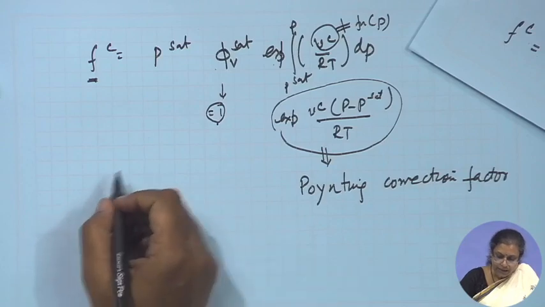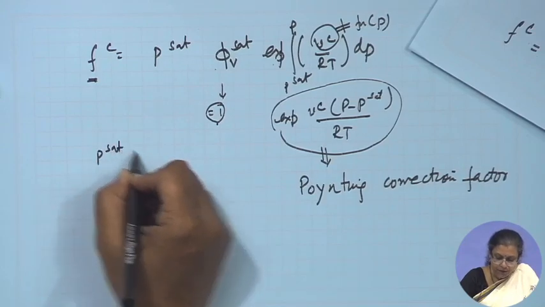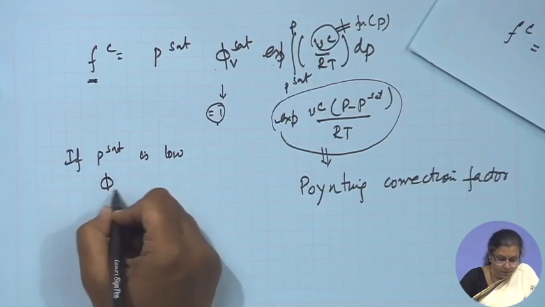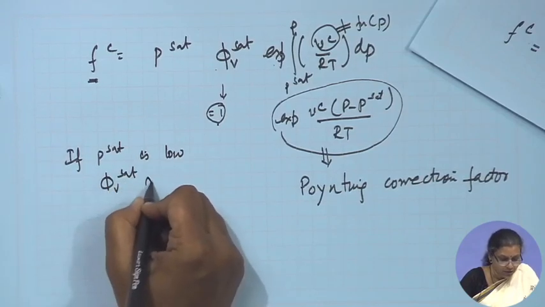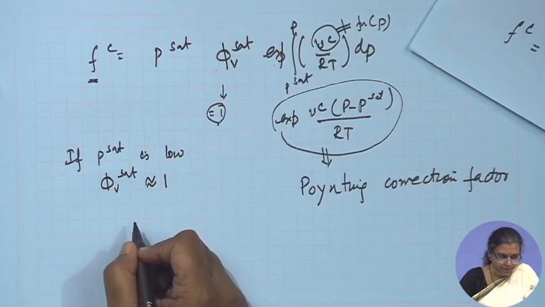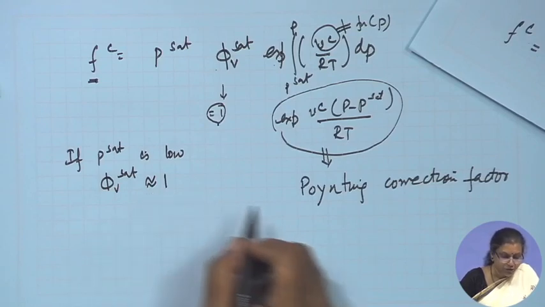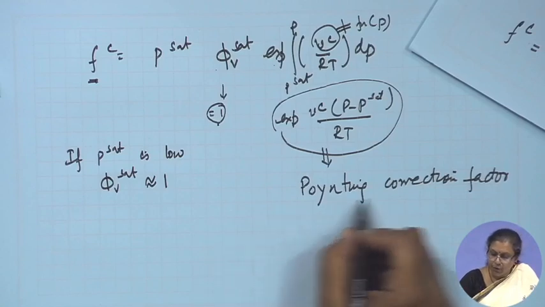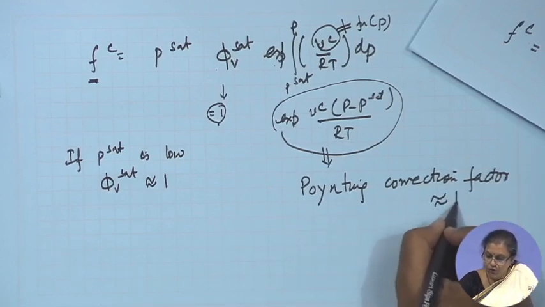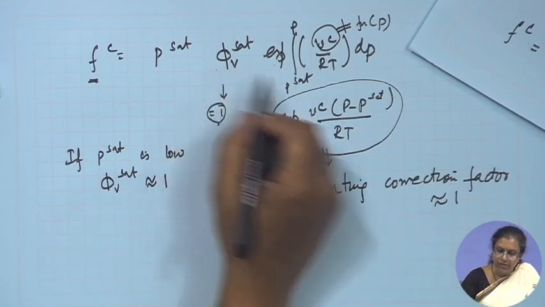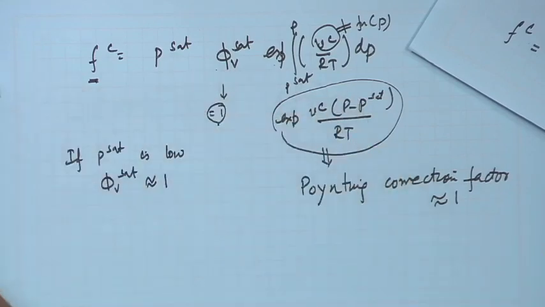Under that condition, phi V saturated is almost equal to 1. And if the pressure is not very high, then the Poynting correction factor can also be taken as 1.